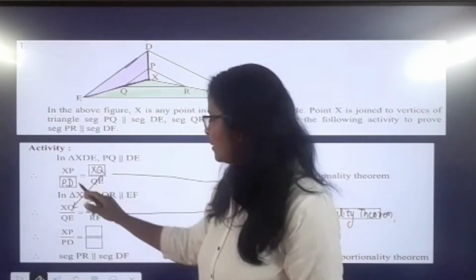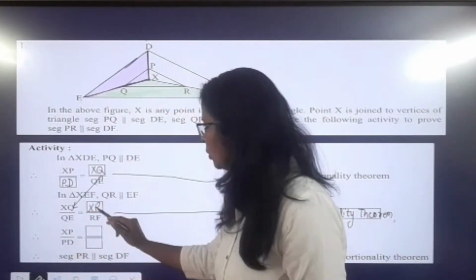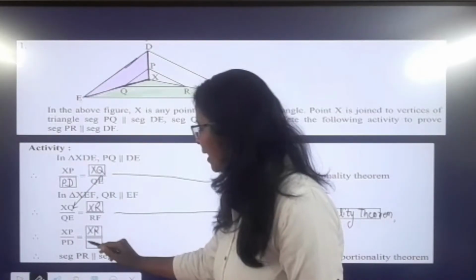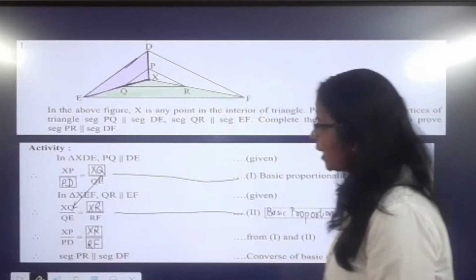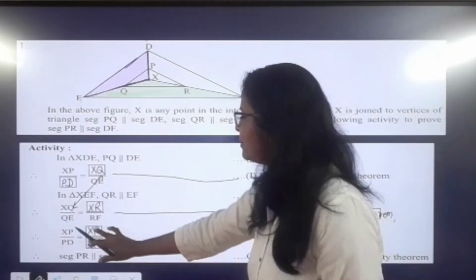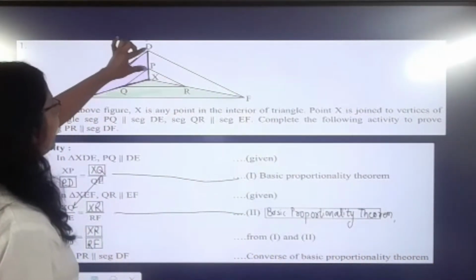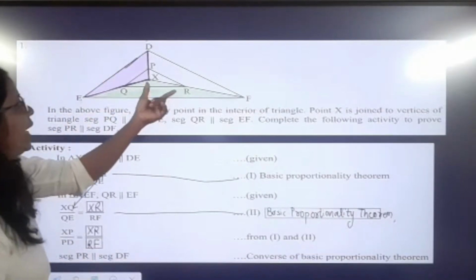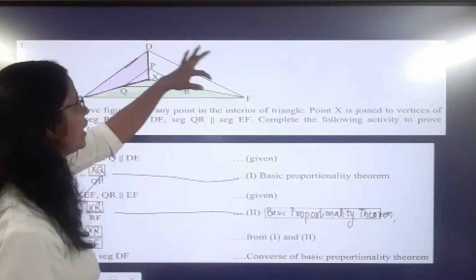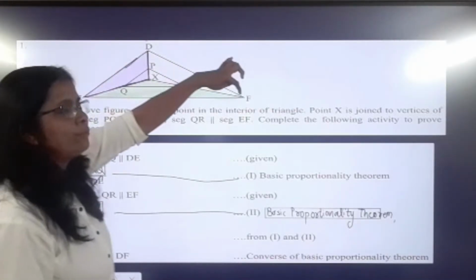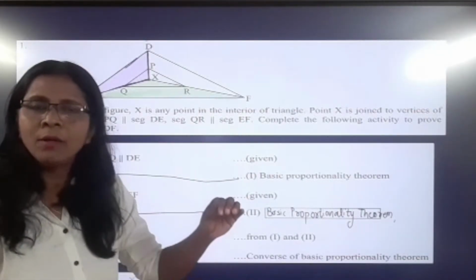So XP divided by PD is equal to XR divided by RF. In which triangle is this ratio included? This ratio XP by PD equals XR by RF is included in triangle XDF, and in XDF, that means the ratios are equal.